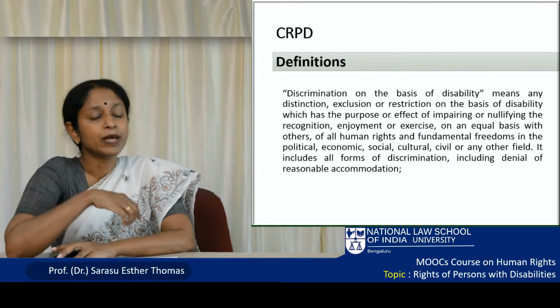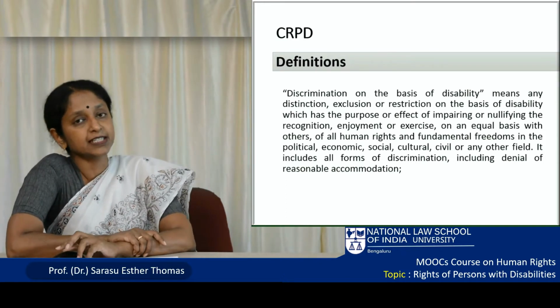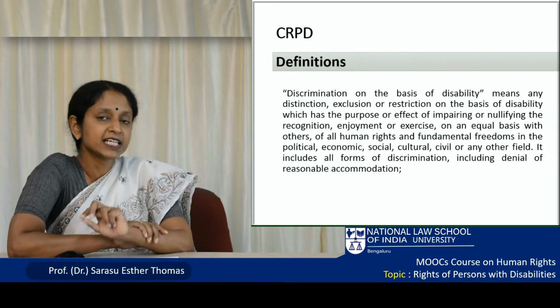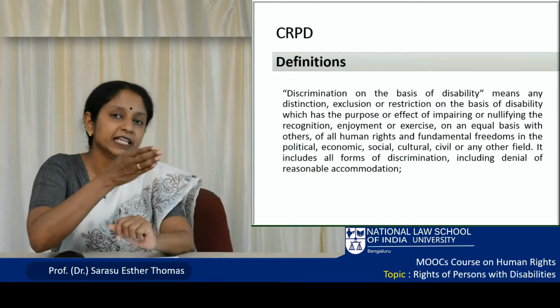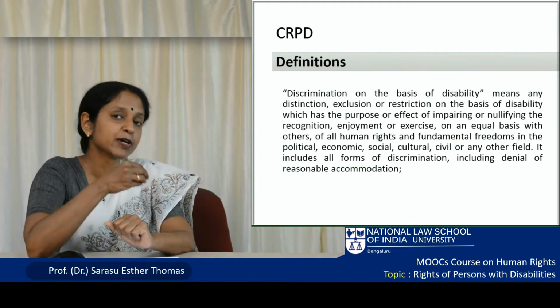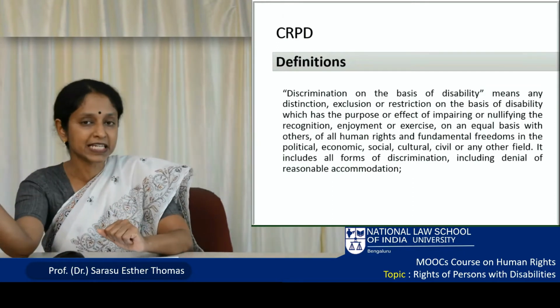But keeping in view the way that the government has approached the issue of disability, we have certain additional definitions as well. So when we look at the UNCRPD, the international standard, we see that the focus of this entire thing is discrimination. Why do we deal with disability separately? It's because persons with disabilities are discriminated against.